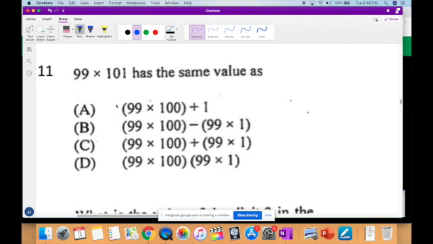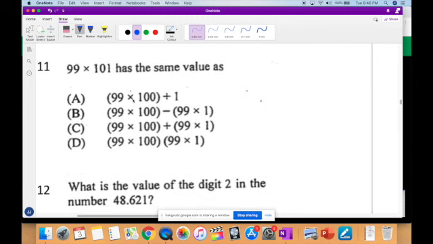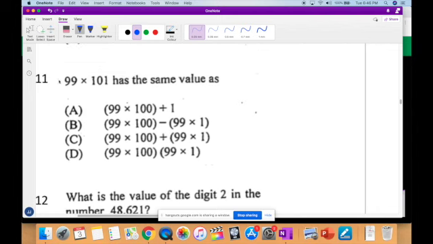And if anybody doesn't understand anything, fine, I'm moving too fast, want me to explain anything again, please let me know. Right? 99 times 101 has the same value as. It's distributive law. So you're supposed to recognize that 99 is multiplied by 101, which is 100 plus 1. Yeah?